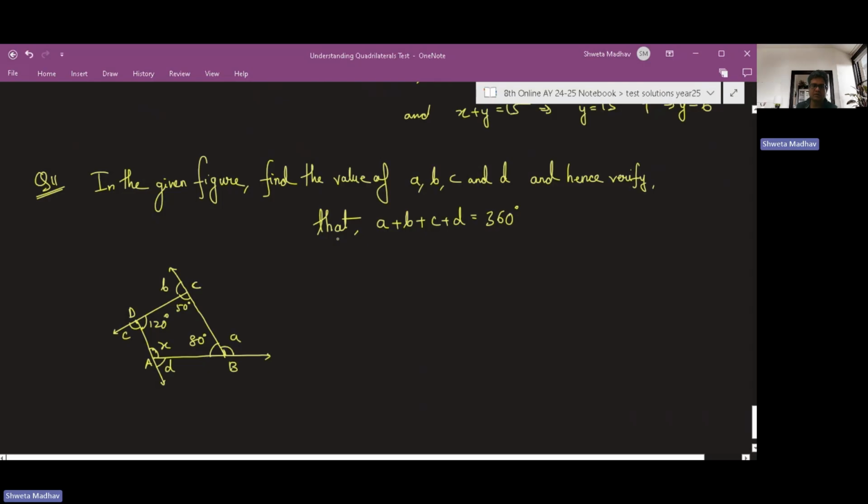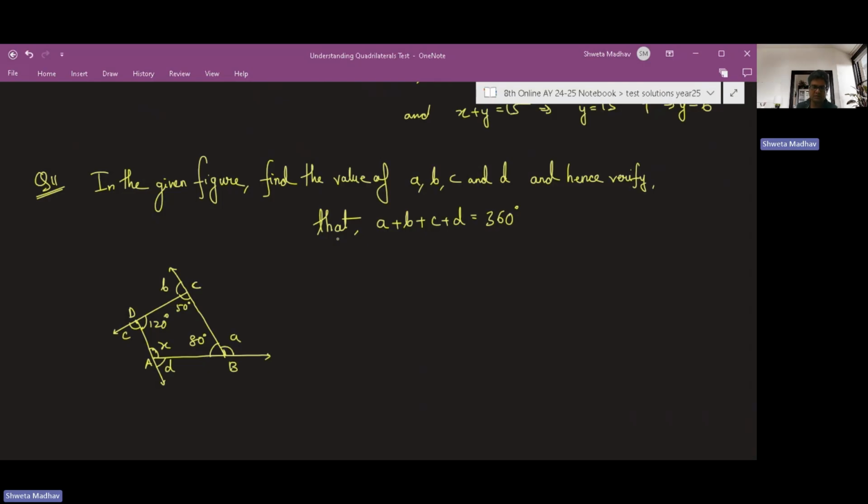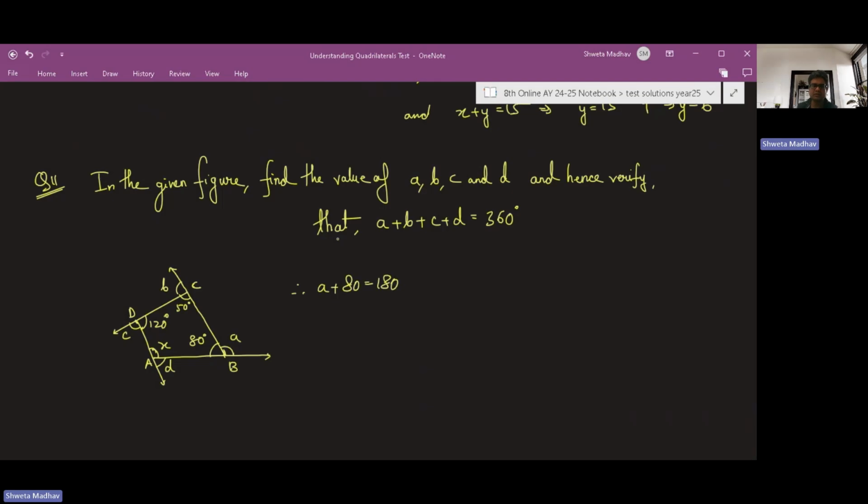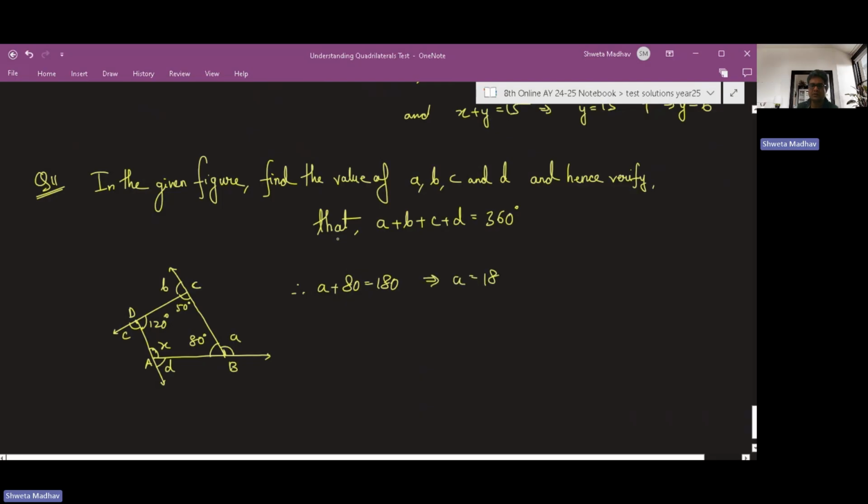Now as you can see, this is forming a linear pair here. So therefore I can say A plus 80 degrees is equal to 180. Since it is forming a linear pair, the sum of the angles will be 180. So A will be equal to 180 minus 80, that is 100.